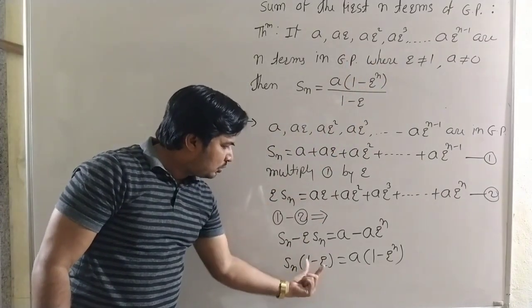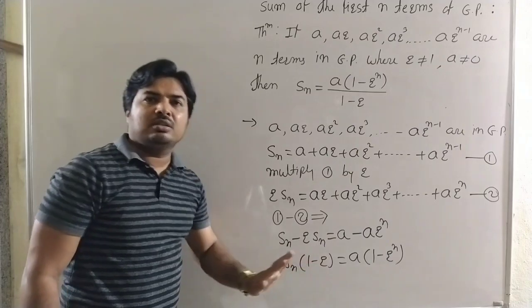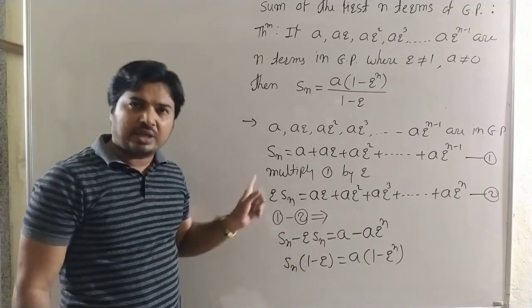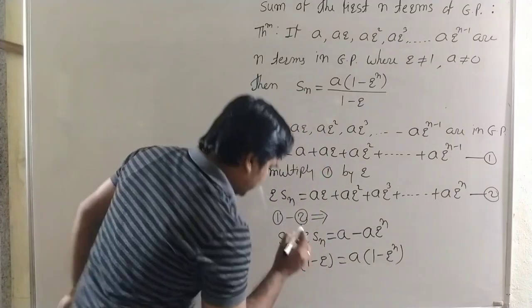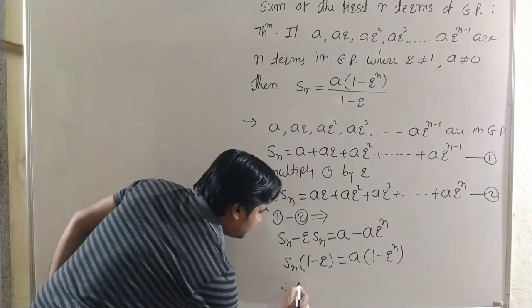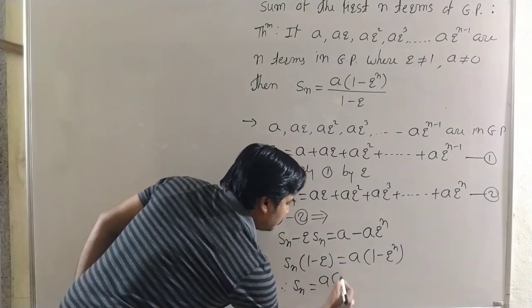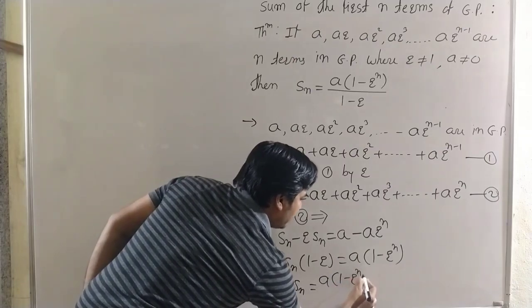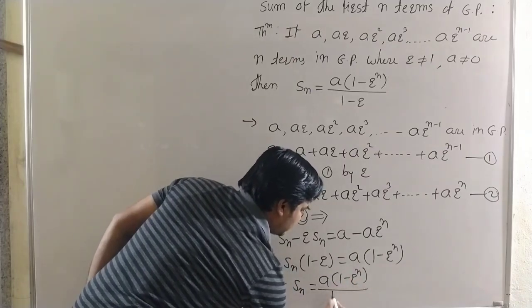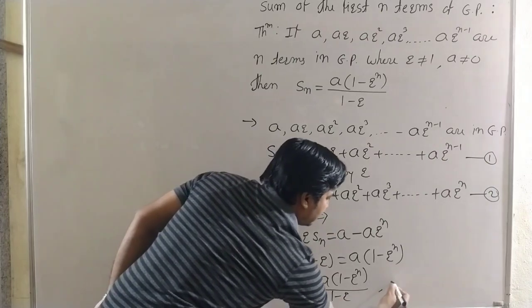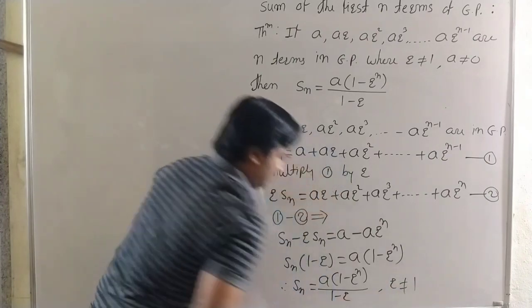R is not equal to 1, so this bracket is not 0, so we can divide by this bracket. Now therefore Sn is equal to A into 1 minus R to the power n upon 1 minus R. Here R is not equal to 1.